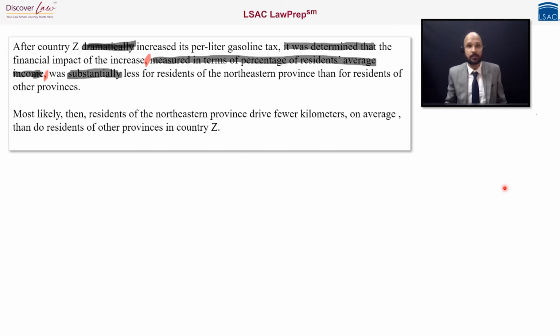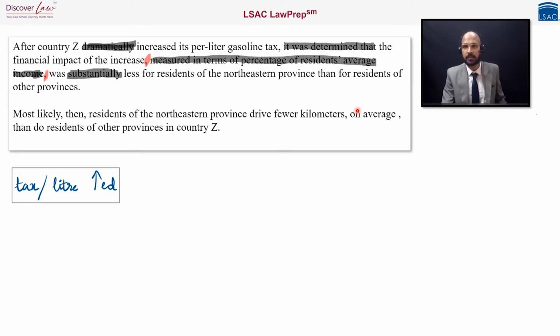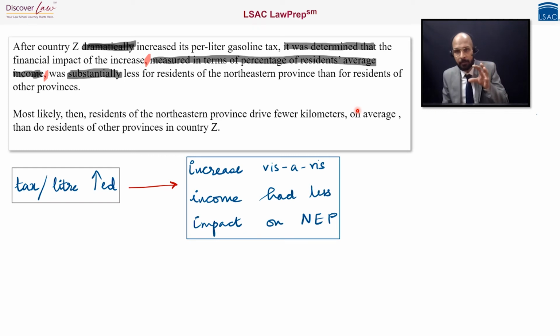Very simple. What it says is that after country Z increased the tax per litre, it was found that the financial impact vis-a-vis the income was less for the people living in the NEP, the northeastern province, as compared to the residents of other provinces.